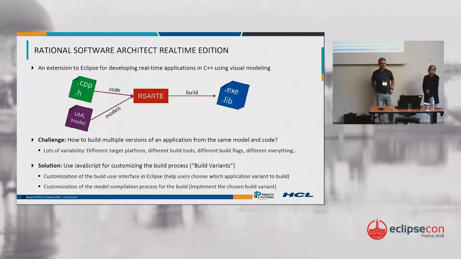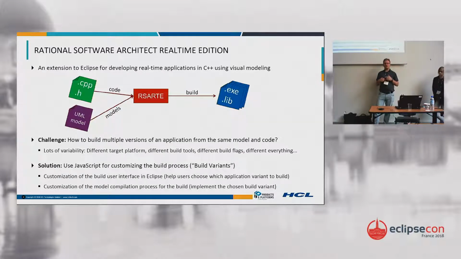Now, before we look into our practical application of JavaScript, I need to tell you a little bit about our Eclipse-based product, so you know the context here. Our product is called Rational Software Architect Real-Time Edition, and it's basically an extension to Eclipse that allows developers to develop real-time applications in C++ using visual modeling. A very, very simple high-level overview of what the tool does is shown in this picture.